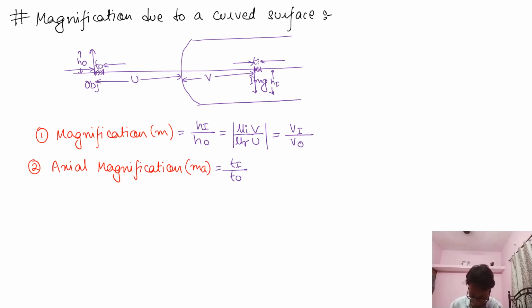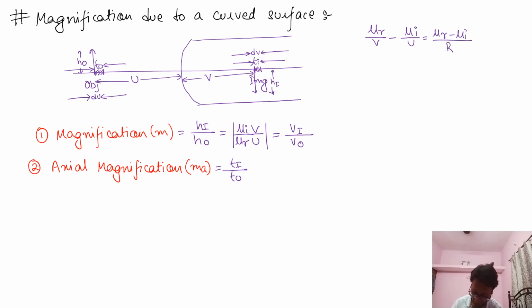Okay, now my question is, what is the relation between thickness of image and thickness of object? See, can I say this ti to be dv, and this thickness of object to be du. So if I write the formula for a curved surface, can I say mu r by v minus mu i by u is equal to mu r minus mu i divided by r?